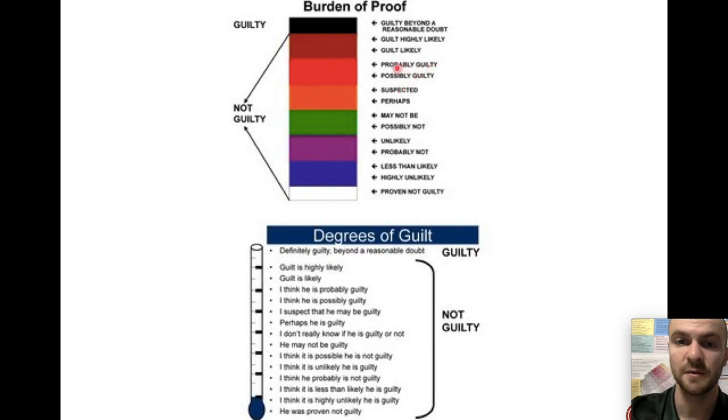If the defendant is possibly guilty, the jury must find that defendant not guilty. If guilt is highly likely, the jury must find that defendant not guilty. Only guilt beyond a reasonable doubt is going to result in a verdict of guilty.